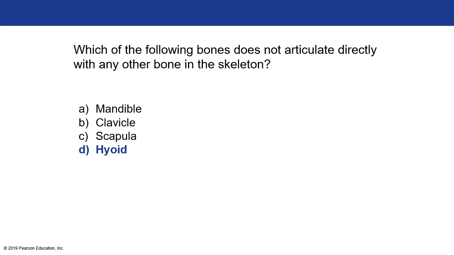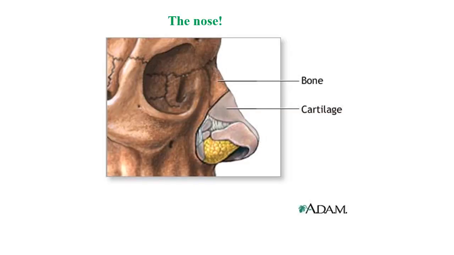If you answer mandible, seriously, come and see me. What is the mandible? Is it connected to another bone? Hopefully. Okay. So the hyoid is the one that is just kind of floating in there, connected to muscles and is supporting the tongue. Okay.